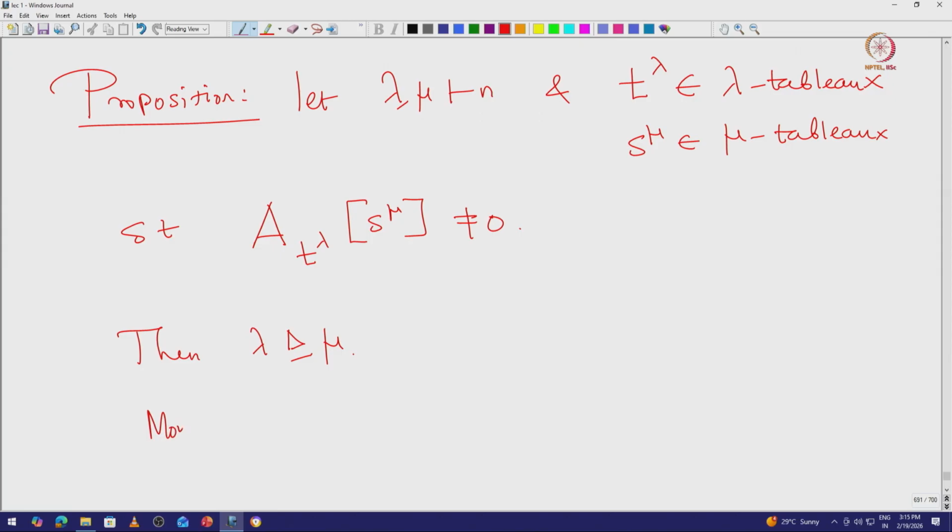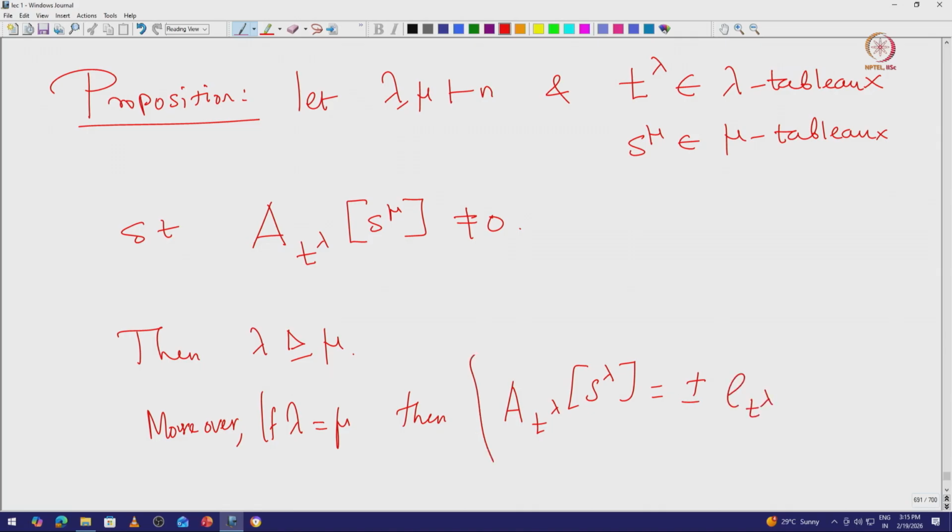Moreover, if lambda equals mu, then we can conclude that A t lambda applied on S lambda is going to give us exactly plus or minus E t lambda. Okay. So, we have this very explicit action of A t lambda on any tabloid S lambda. It is going to be given by this plus or minus E t lambda.